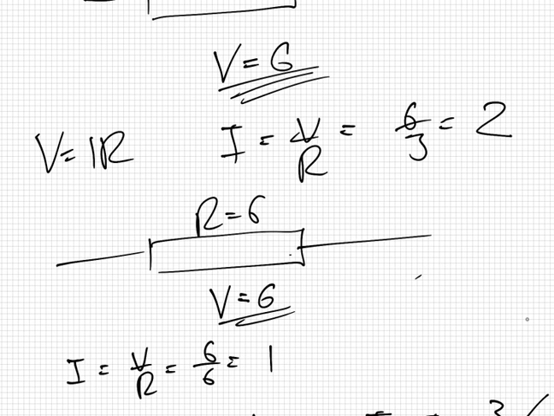Listen, voltage is the opposite, okay? So, if I have voltage like 6 volts, and I split it, how much is in each? 6. Still 6. It's the same, okay? But, if I have them back to back, they add.